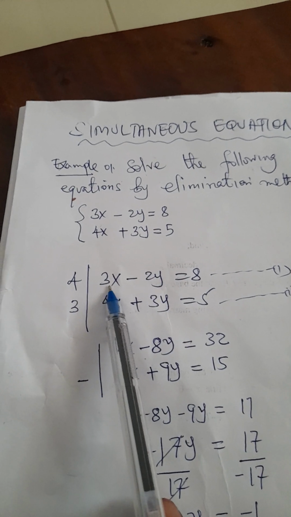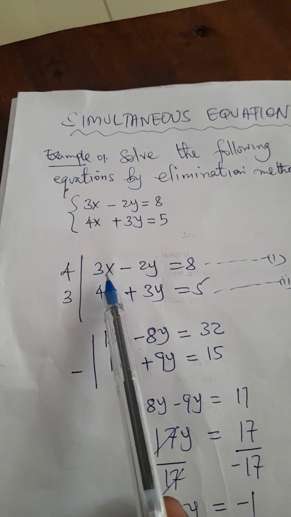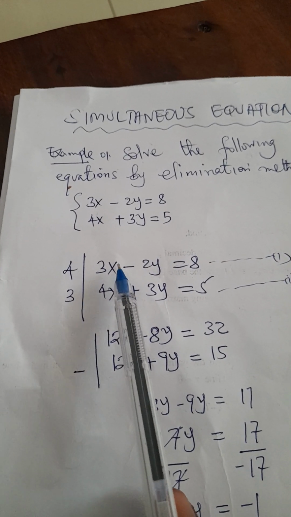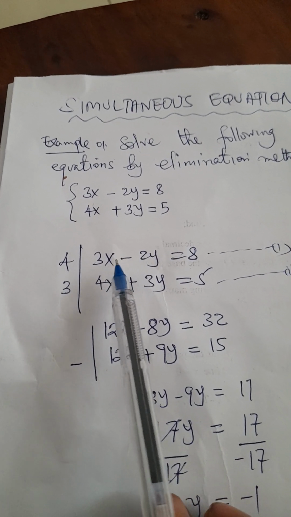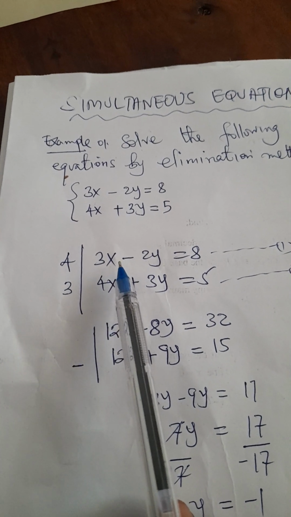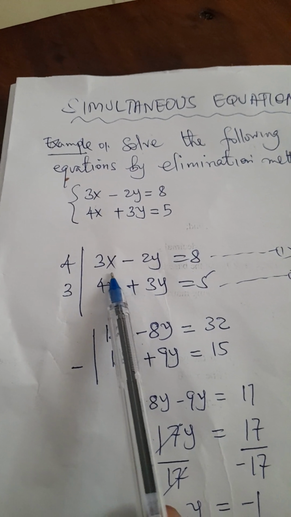Now, how can we make elimination? We cannot eliminate until the variables from the two equations have equal terms. How can we make the variables have equal terms?